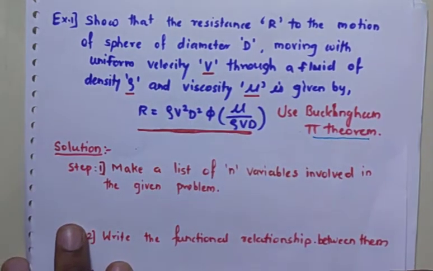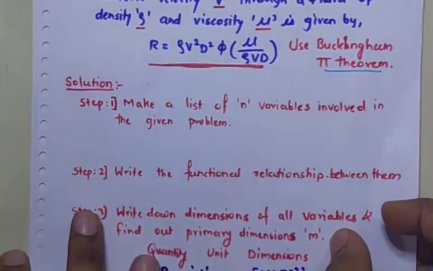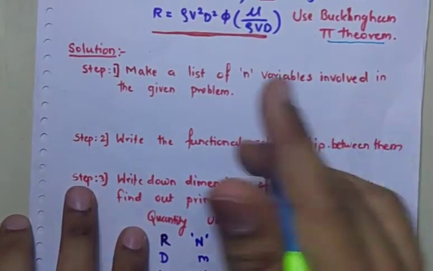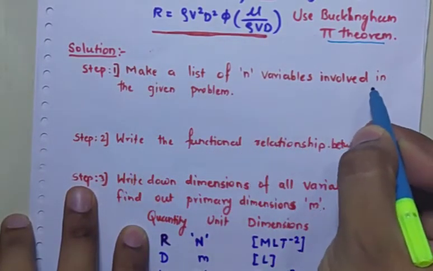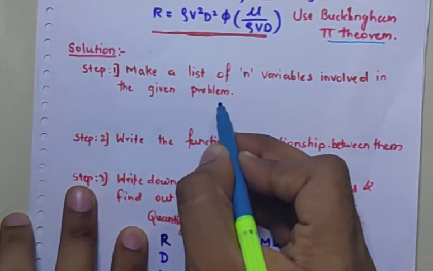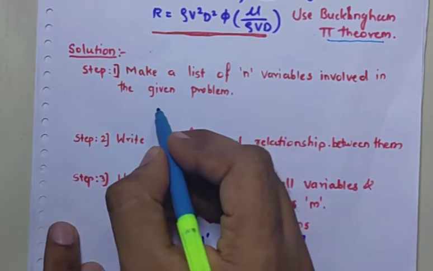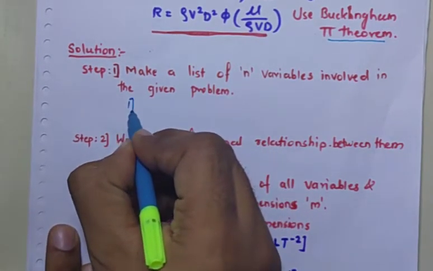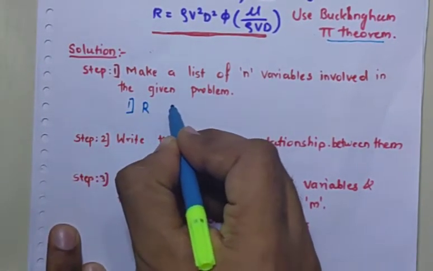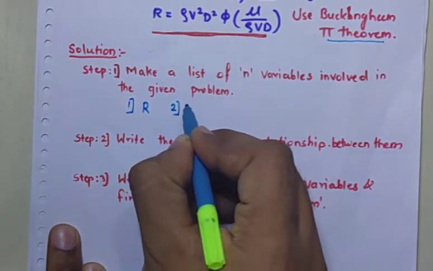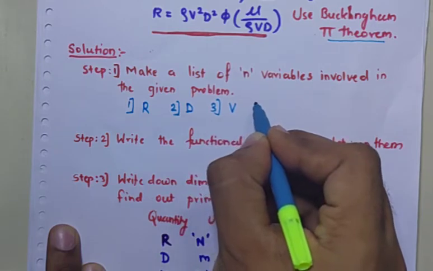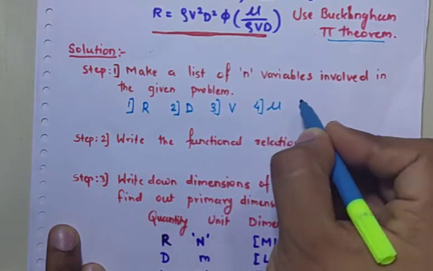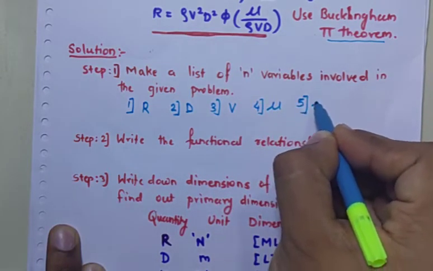So in Buckingham Pi theorem, the very first step is, now let's see the solution, make a list of n variables involved in the given problem. In the given problem, the variables are: first one is resistance R, second one is diameter d, third one is velocity v, fourth one is mu, fifth one is rho.